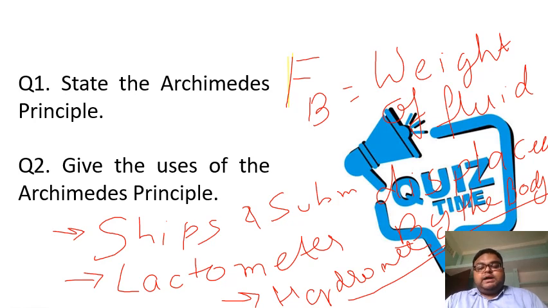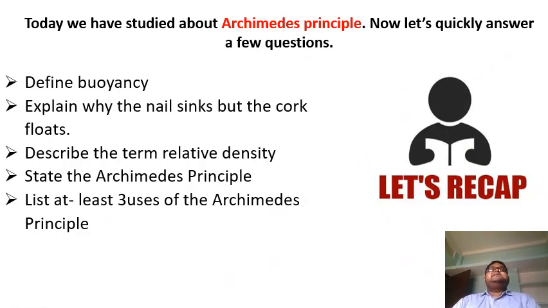So now let's move ahead. In today's class, students, we have studied the Archimedes principle. Now let's quickly answer a few questions. Let's define buoyancy. Buoyancy is the force applied by any fluid upon a body that is submerged in it. Now you need to explain why the nail sinks but the cork floats.